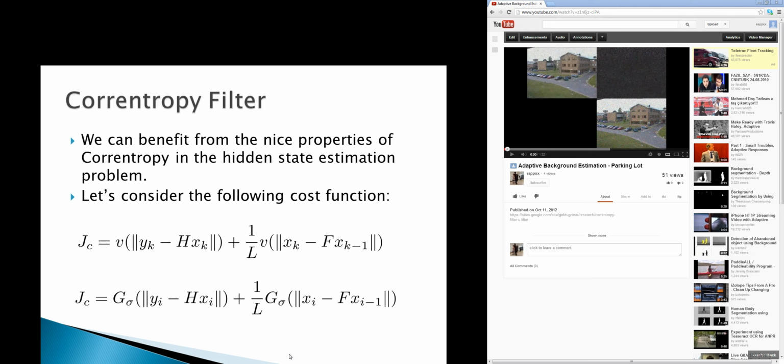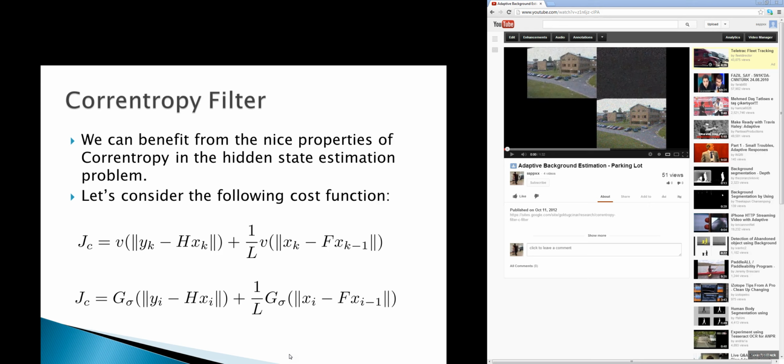Rooting from that, we decided to come up with a new cost function using Correntropy, with two terms that represent the uncertainties in the equations: the first term is y_k minus H x_k, which is the measurement equation uncertainty, and the second one is x_k minus F x_{k-1}, which is the state transition system uncertainty.